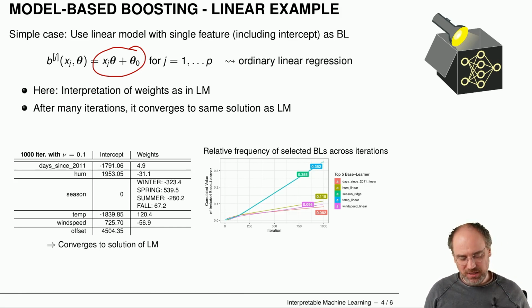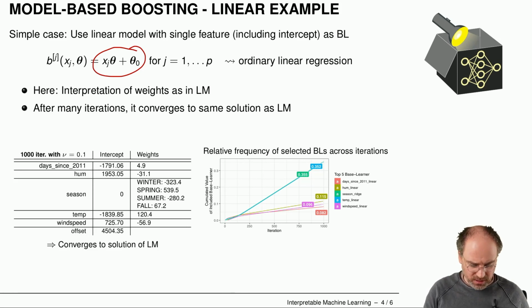If we run this iterative procedure in model-based boosting, we can early stop it, right? We can stop if the risk is not reduced anymore and we get feature selection for our linear model, so we can produce a sparse one. First of all, let's simply run our model-based boosting with these strictly linear base learners completely until convergence.